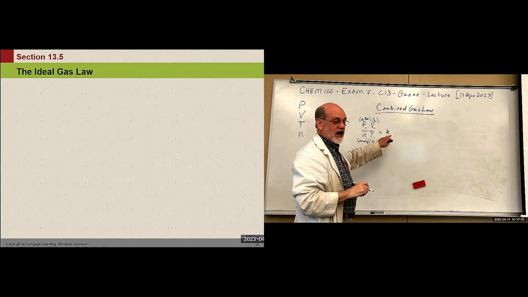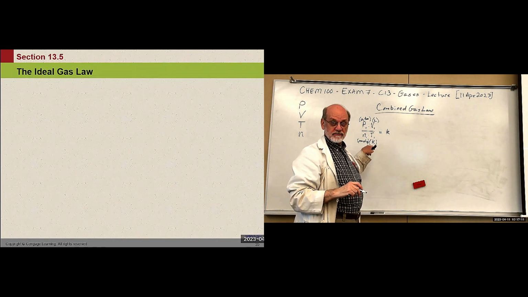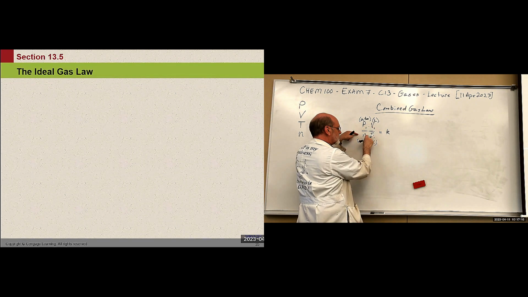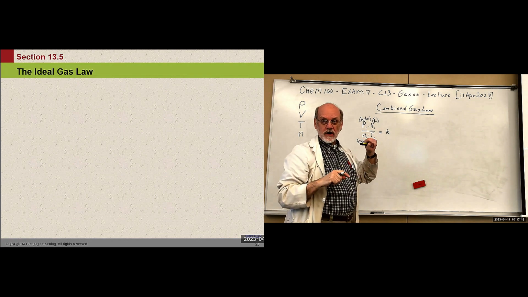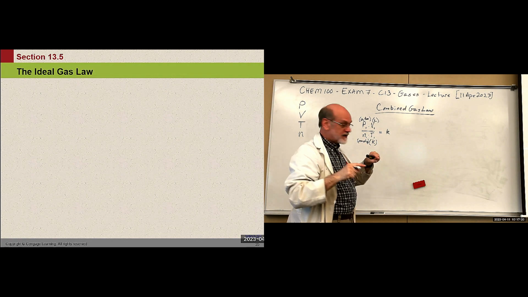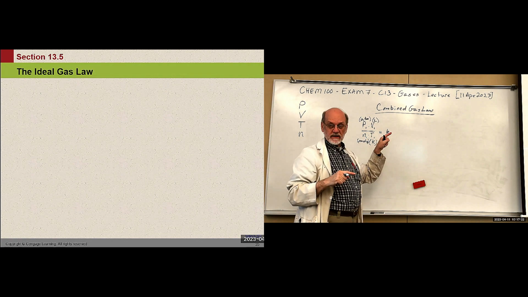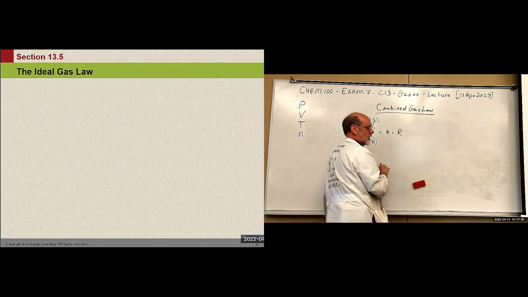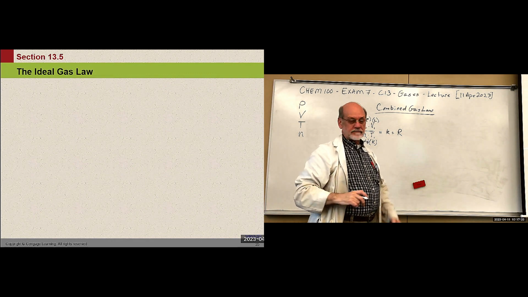That means this constant has to use those units of measure. If we know these values, and they're all measured at exactly the same time, then we can calculate that R value. It's called R, the ideal gas constant.